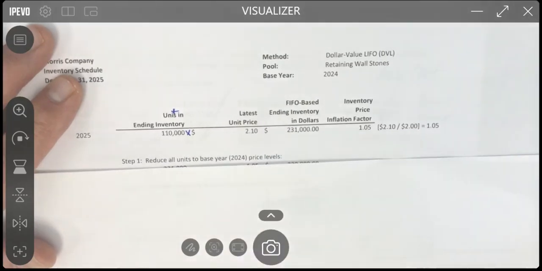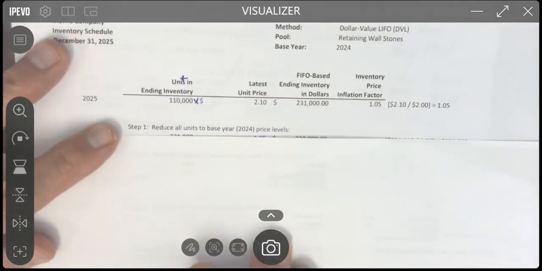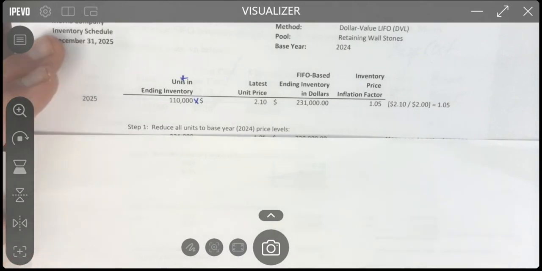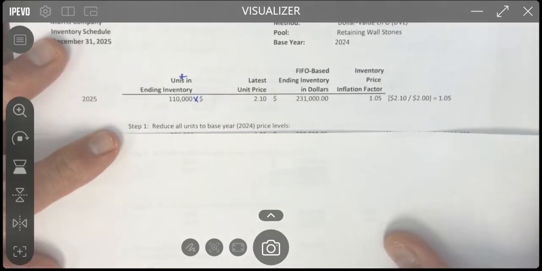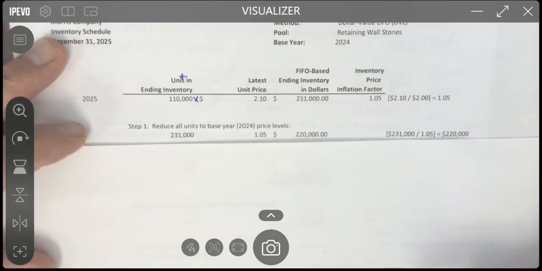All right, here we go. Step 1. Remember this? Reduce all units to the base year 2024 price level.